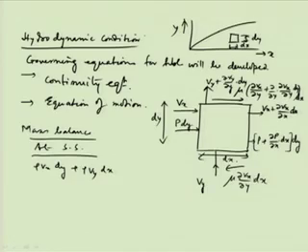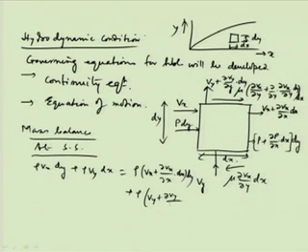Rho Vx into dy and rho Vy into dx are the two entering from two sides, and what is going out is basically rho into Vx plus del Vx by del x into dx, multiplied by dy, which is the area, plus rho into Vy plus del Vy by del y into dy, into dx.